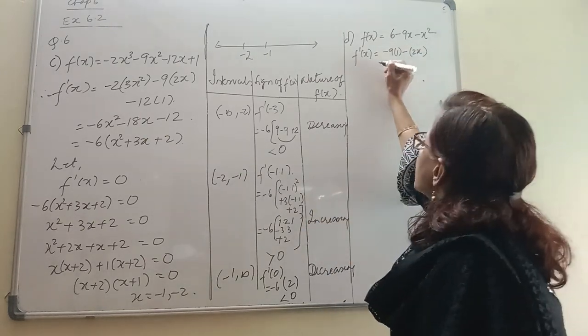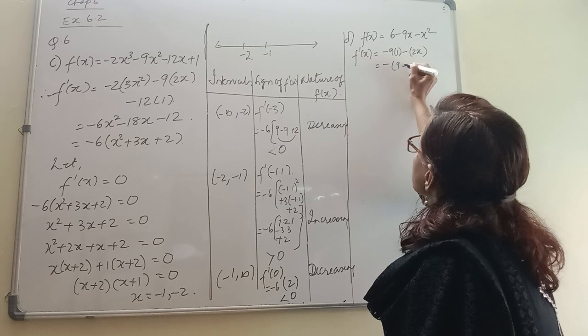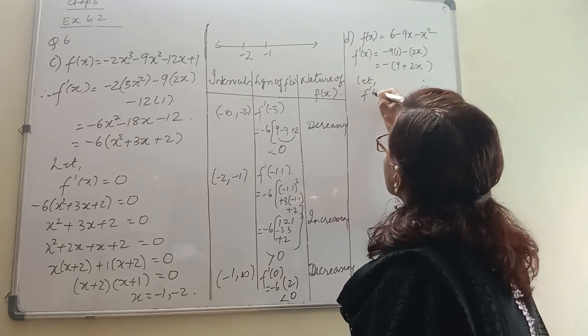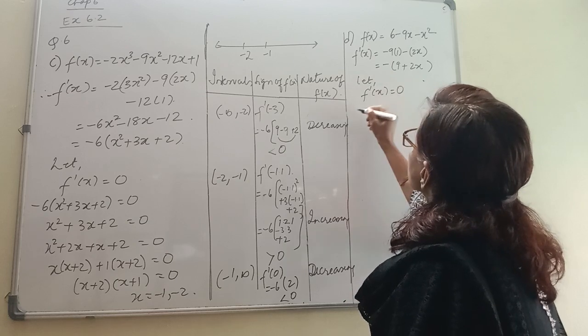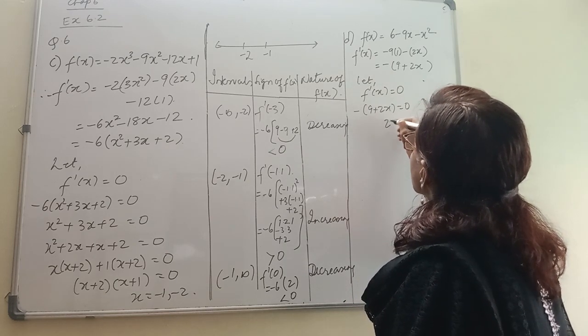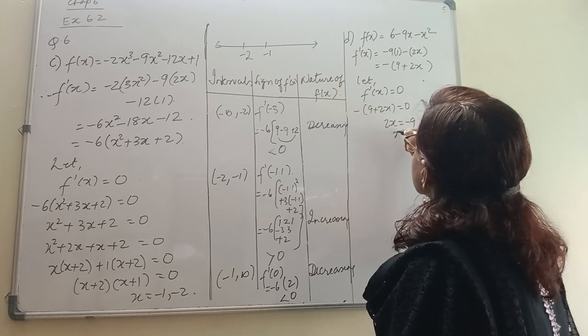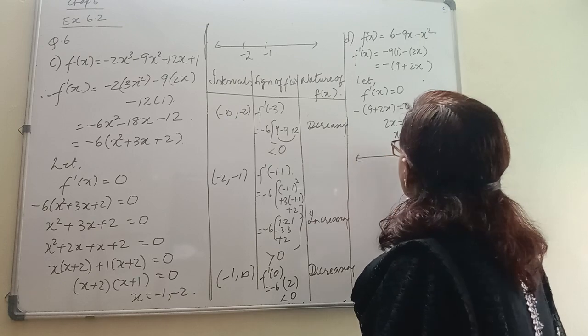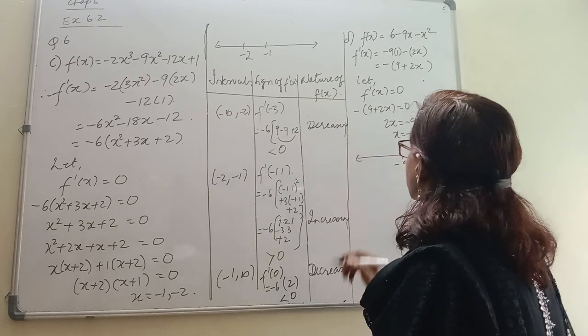So if you want, you can take a minus outside, 9 plus 2x. In order to get the critical point, f dash x is 0. So minus 9 plus 2x is 0, 2x is minus 9 and x is minus 9 by 2. We can easily divide it into intervals, minus 9 by 2 here.